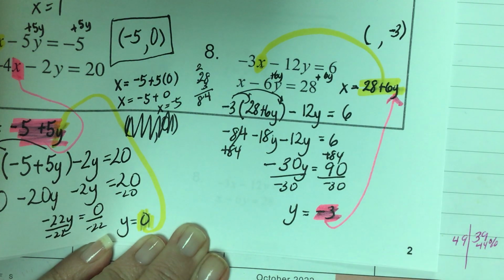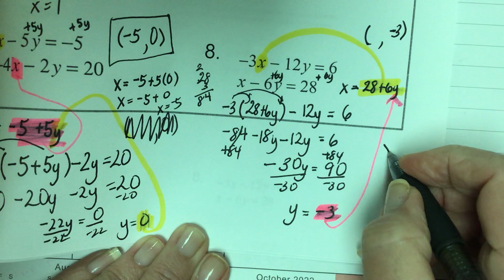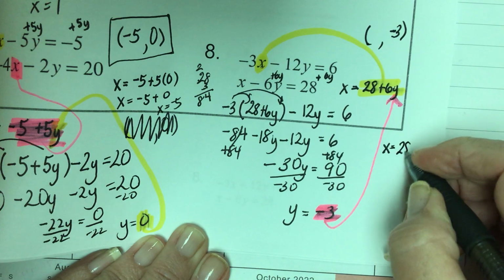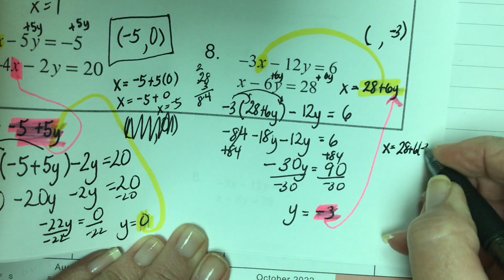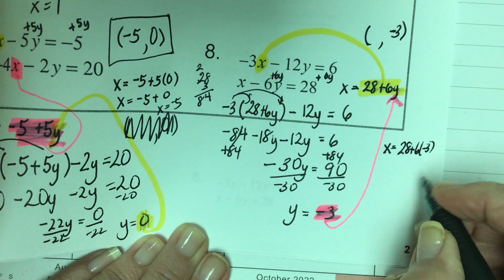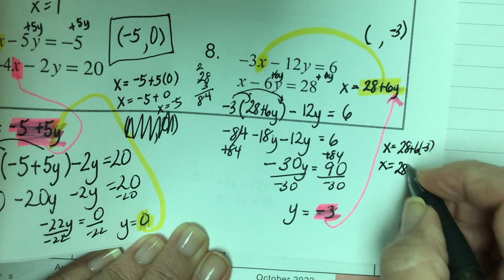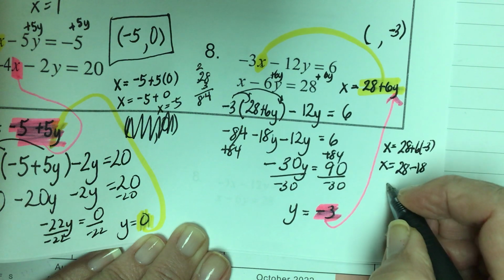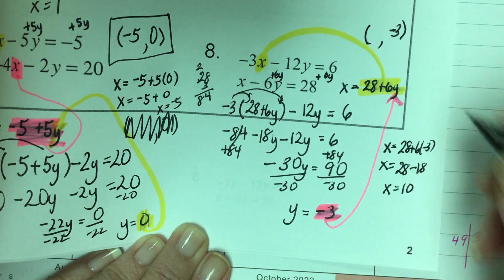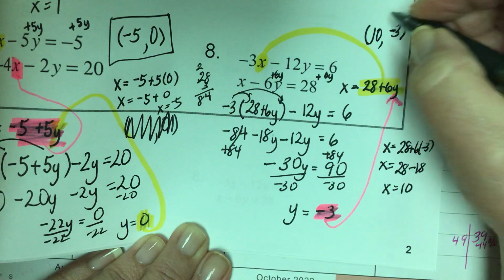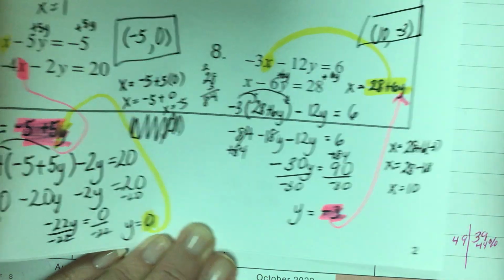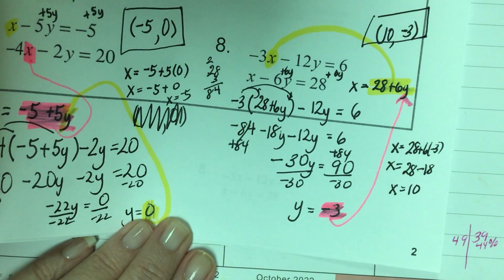I'm going to substitute it in, so x will equal 28 plus 6 times negative 3. So then x will equal 28 minus 18. X will be 10. So 10, negative 3 is the answer to that question.